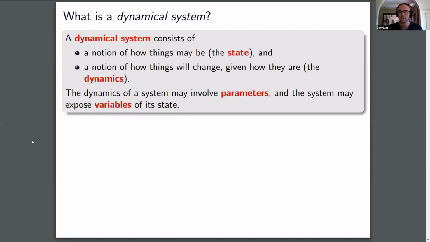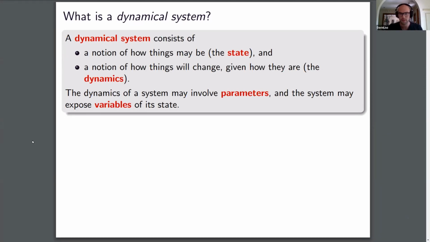But how it will change is not just determined by how they are, but also some free parameters we might set separately from what we consider to be the state. And the system might expose some variables of the state.